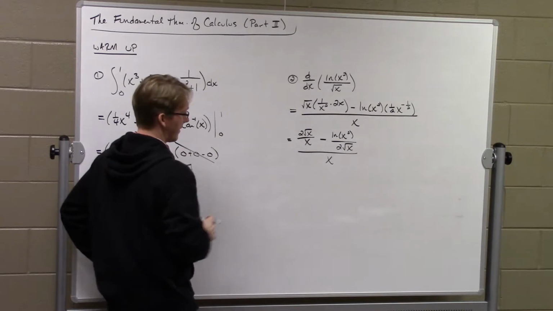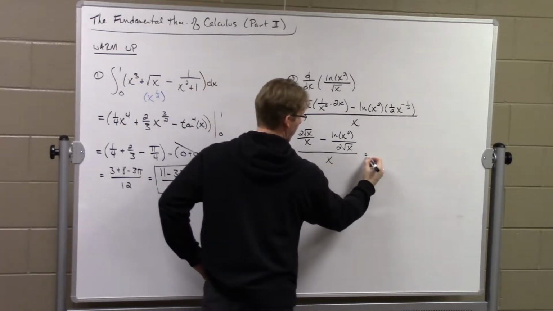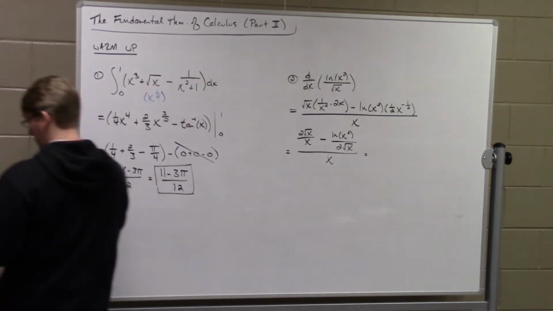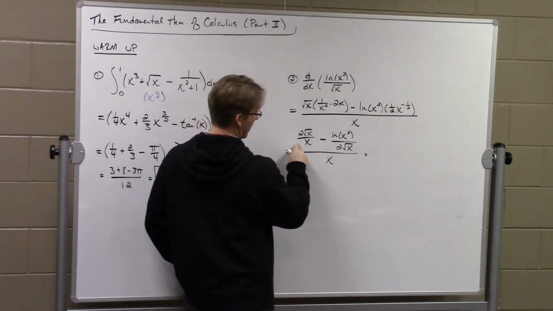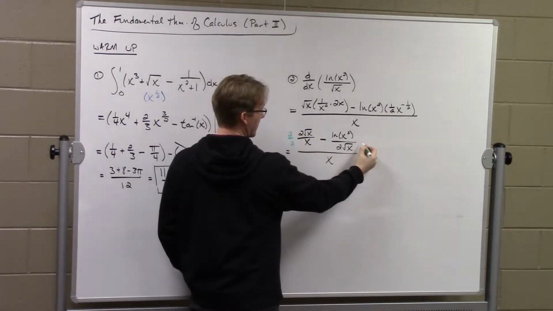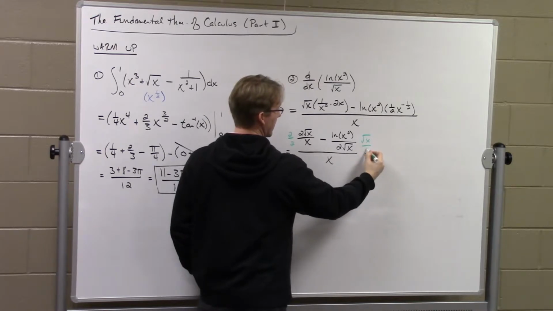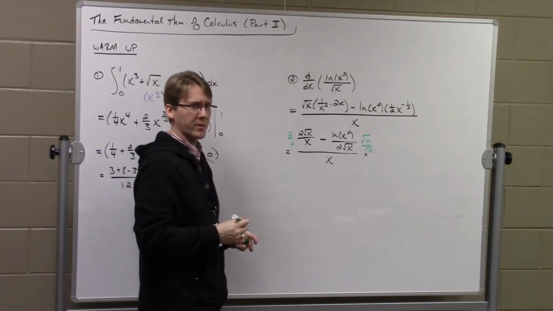That's probably not good enough because we've got a fraction on top of a fraction. So I'm thinking common denominator here. This guy's missing 2. And this guy's missing, if we give him a root of x, he'll become an x and we'll match up with this right here.